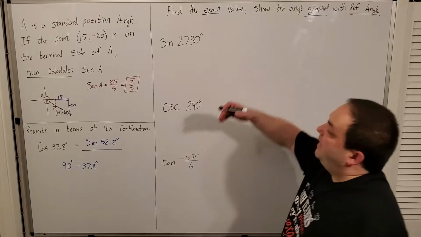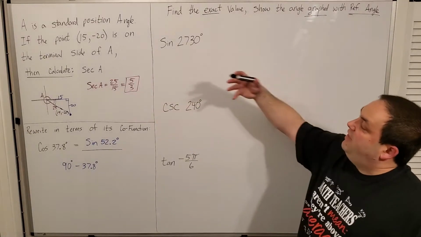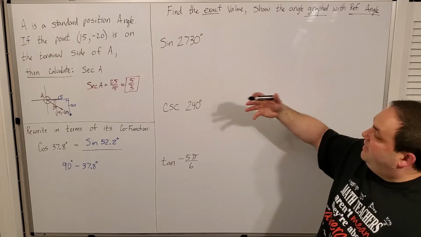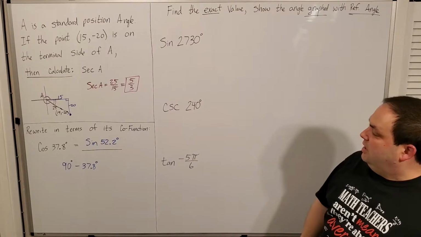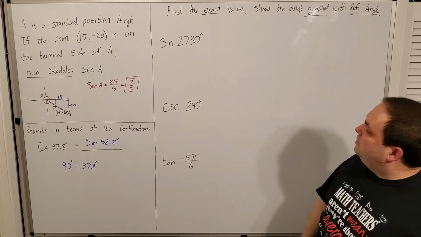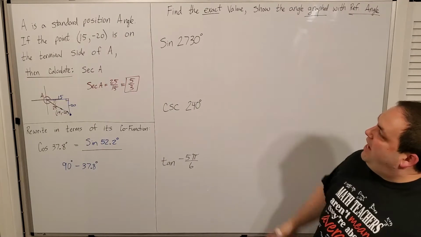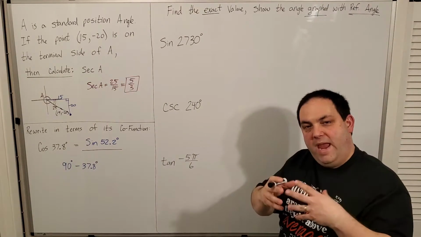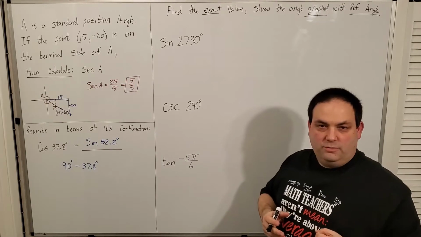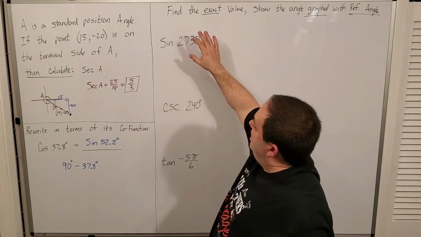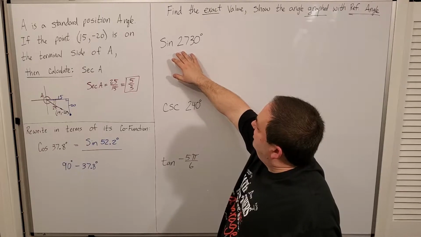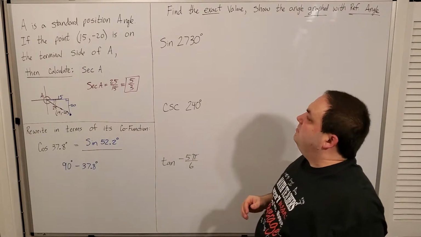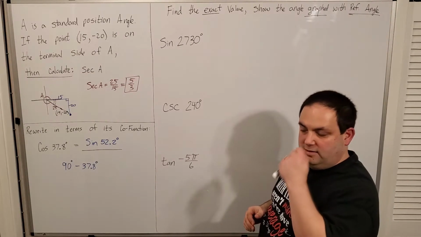Okay, and then basically an extension off of that first problem is finding an exact value for a sine, cosine, or tangent, or secant, or cosecant, or cotangent, whatever, of just some angle if it's a basis on our main memorized angles. Okay, so here I've got the sine of 2,730 degrees.